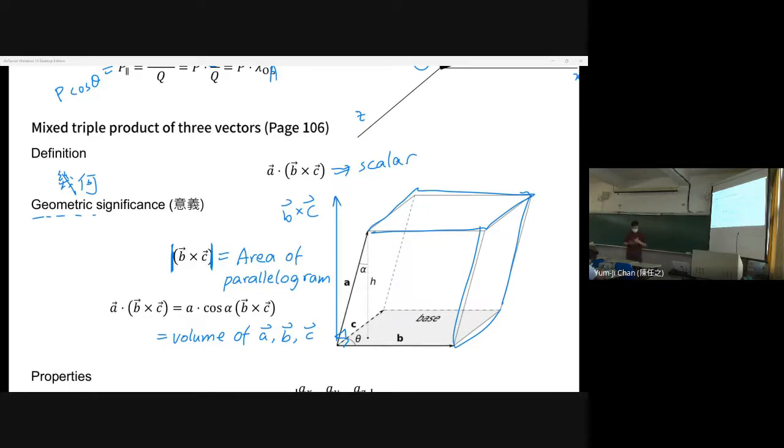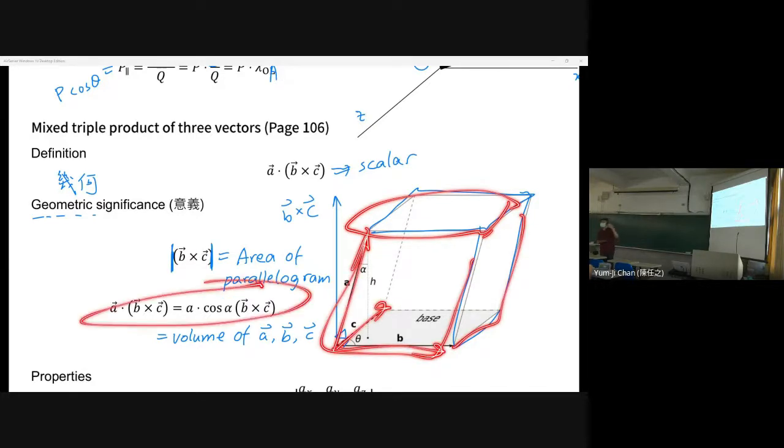So if we have three vectors A, B, and C here, and they are not at 90 degrees, we can still get the volume of this shape by getting the three vectors and then calculating this.